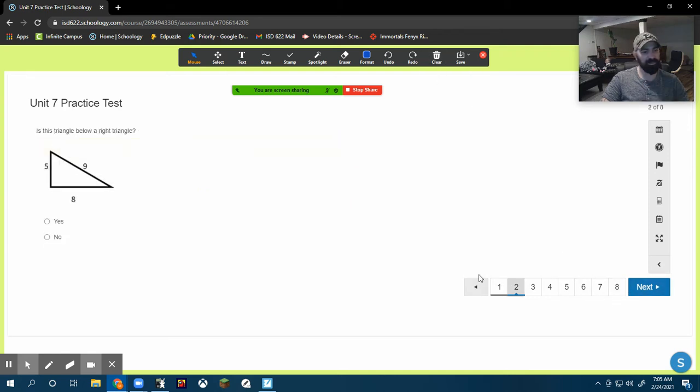Number 2, you're going to do the same exact thing. You're now given a triangle. Remember, C is always the number across from the right angle. So we want to say, does 5 squared plus 8 squared equal 9 squared, our hypotenuse?